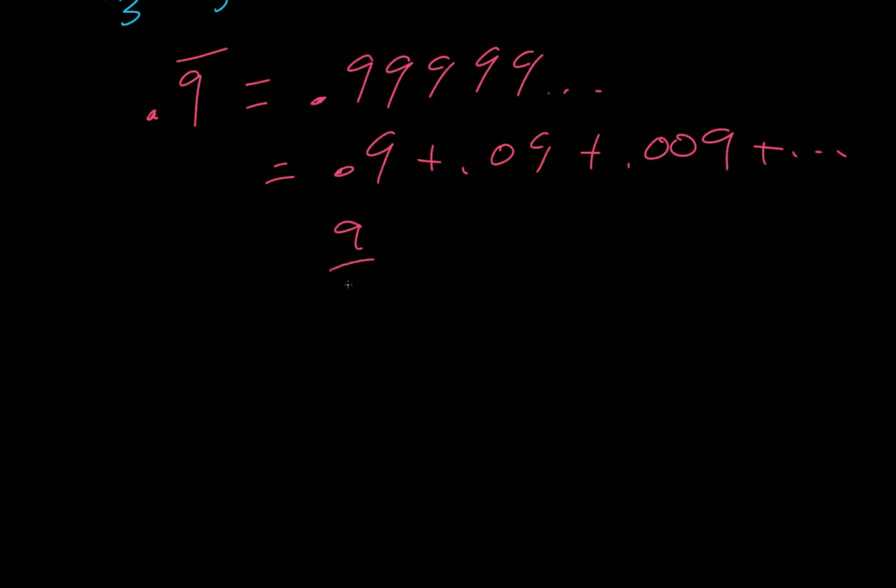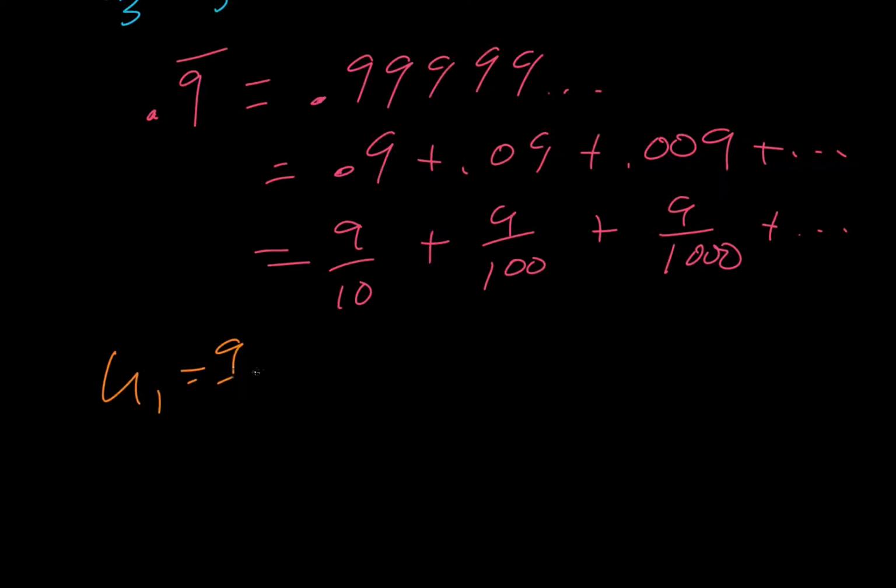This is 9/10, this is 9/100 and 9/1000. If we think of it as a geometric series, we have our u1 that's 9/10, and then we have our common ratio as 1/10. Once again, we're just dividing each one by 10 or multiplying by 1/10.